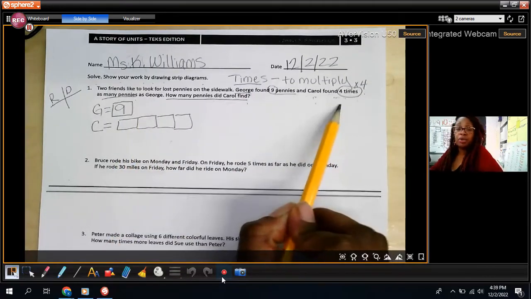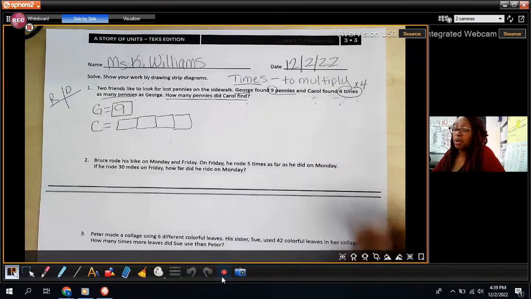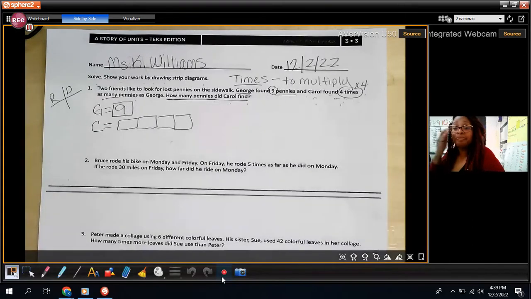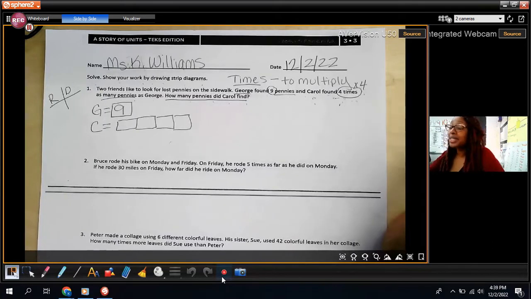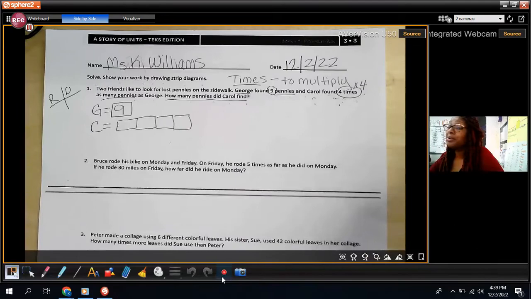So now I'm going to find out what that number is. All right, so since I'm working with 4 times, what multiples will we be doing today? If you need a minute, take it, pause it and think. All right, so if you guessed multiples of 4, you are correct.